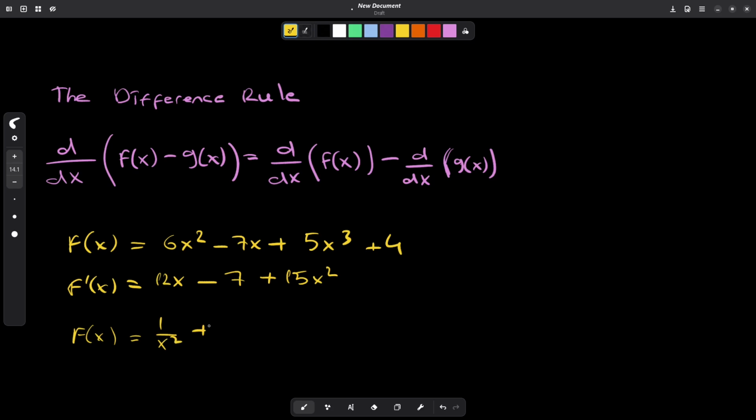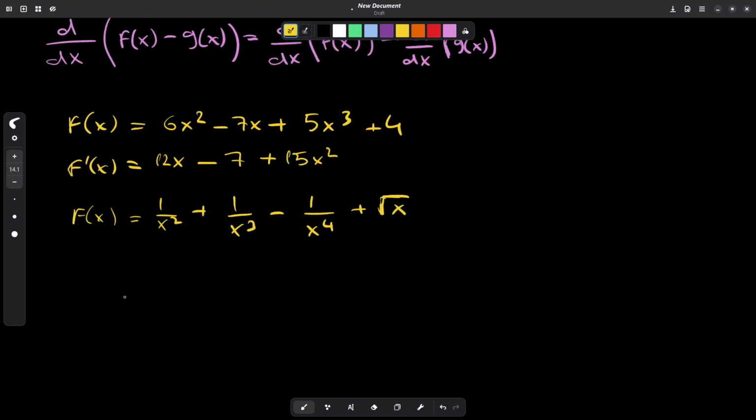1 over x squared plus 1 over x cubed minus 1 over x to the 4th power plus root x. Alright, let's differentiate this now. First of all, let's start by writing this in a different form, right?